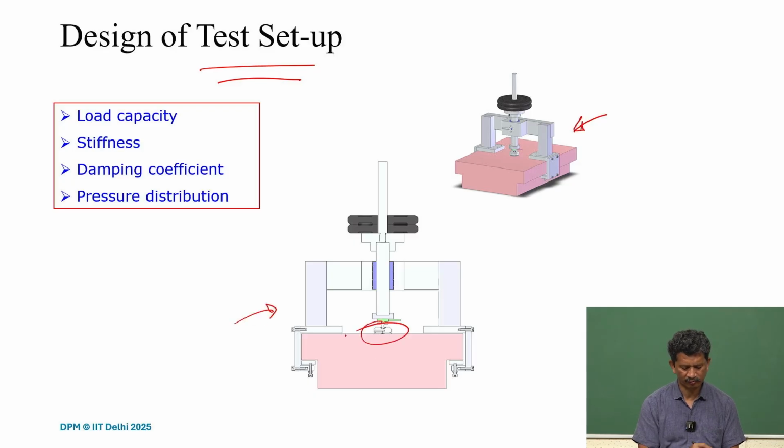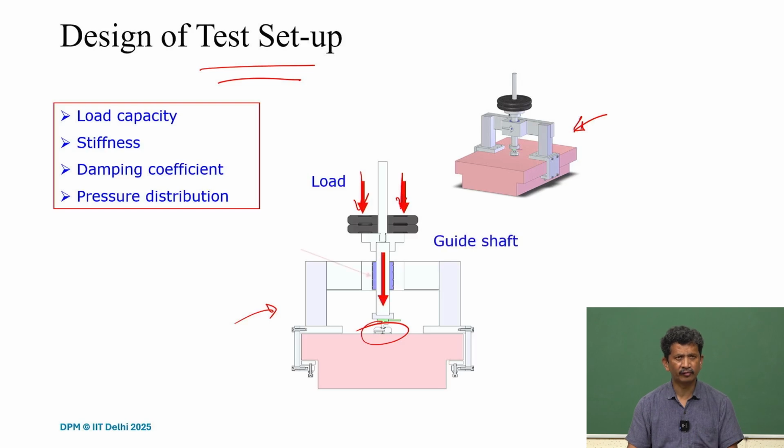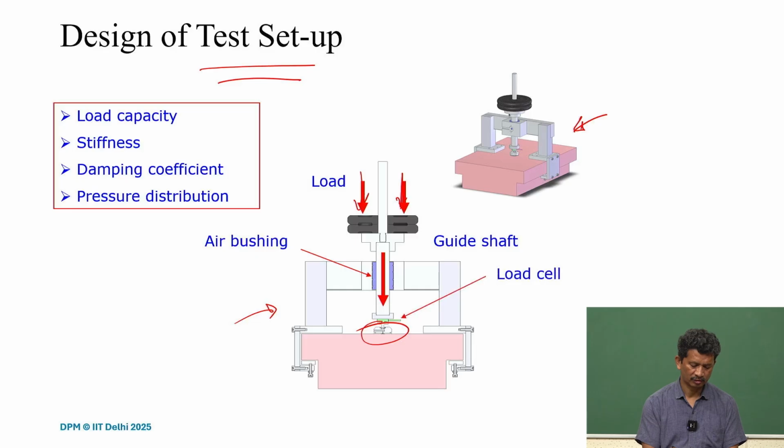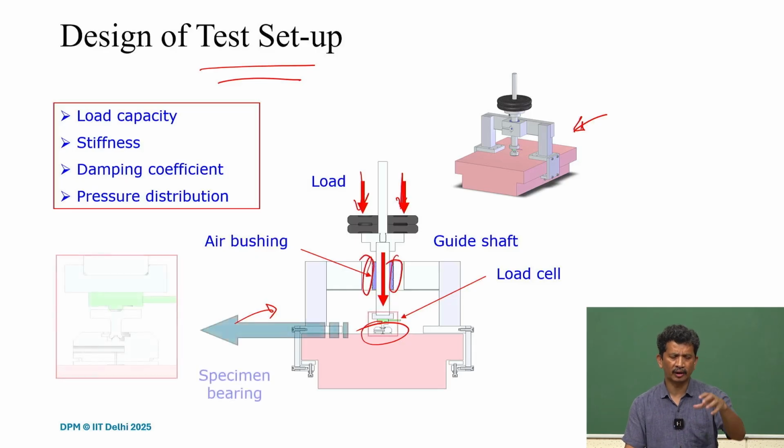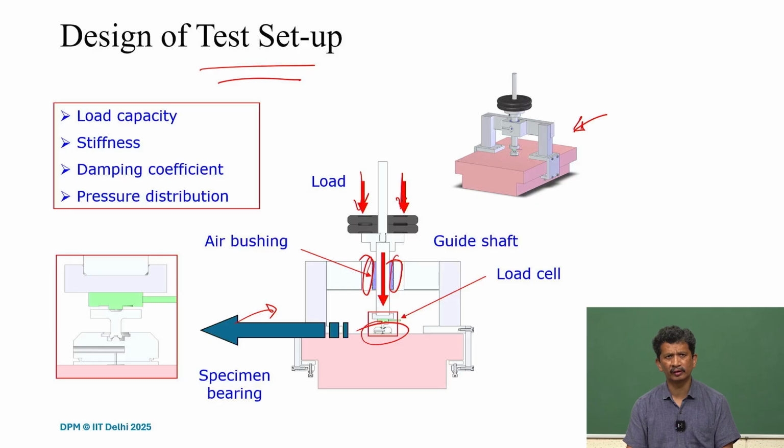Here we have the air bearing and it's pressed, so we simply apply the dead load here, and we can measure the air gap. Through the guide shaft and on the sides, just to support, we have an air bushing so that there is no friction acting. So the entire load is on the bearing itself.